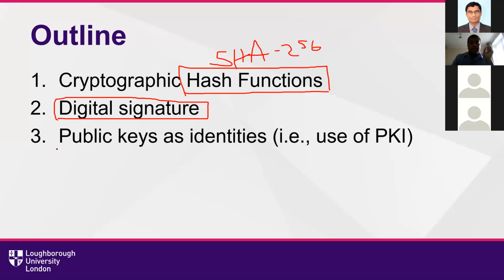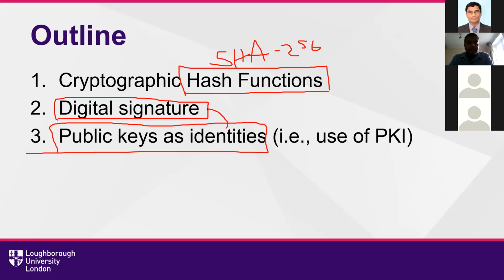The third is public key infrastructure, or asymmetric encryption. He beautifully linked public key infrastructure to digital signatures. These are the three key security elements used to build the blockchain, particularly Bitcoin.